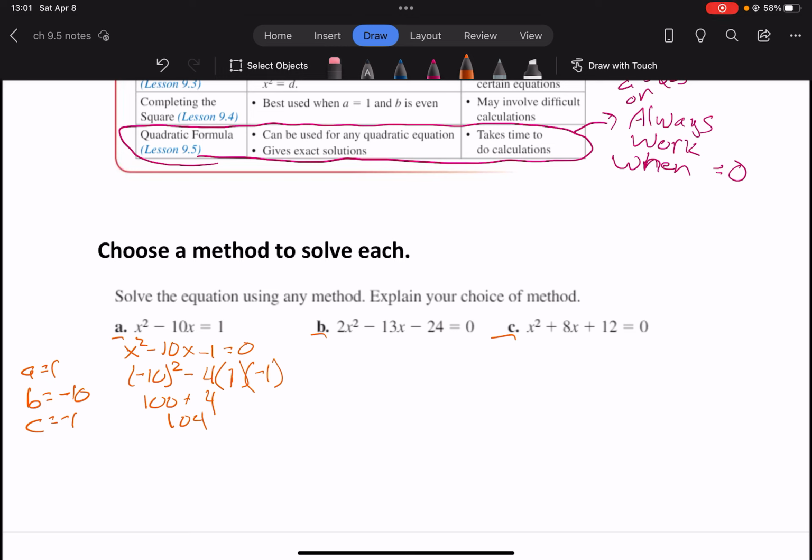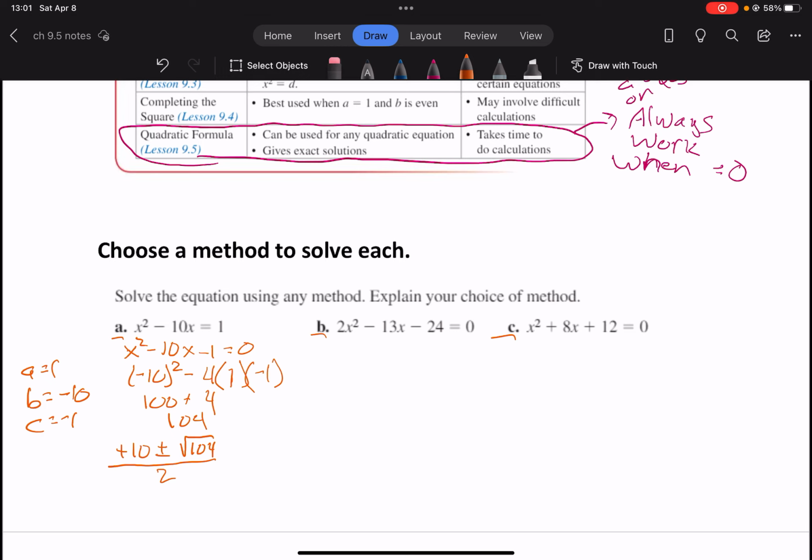Okay, so now I've got minus b, so that is minus negative 10, which is plus 10, plus or minus the square root of 104, divided by 2 times a, which is 2. And so that technically is our answer.